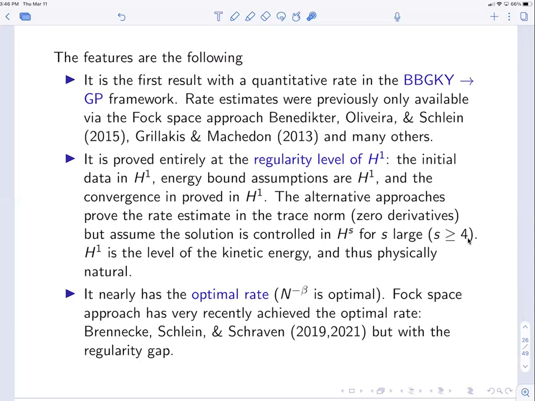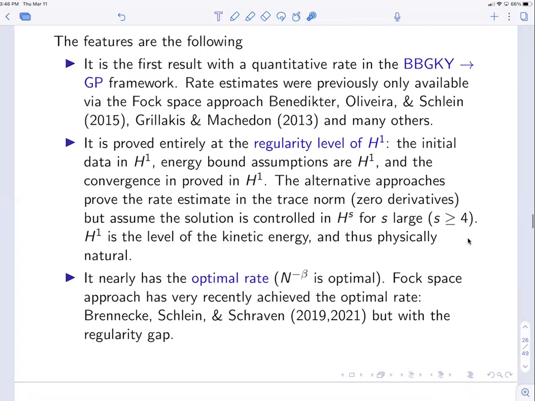So, but we can erase that log loss if we do H1 plus epsilon in H1, we can get rid of it. But the whole point was to try to do everything in H1. So the Fock space approach has very recently achieved the optimal rate. So in the last few years, they've gotten the optimal rate, but they still have the regularity gap.